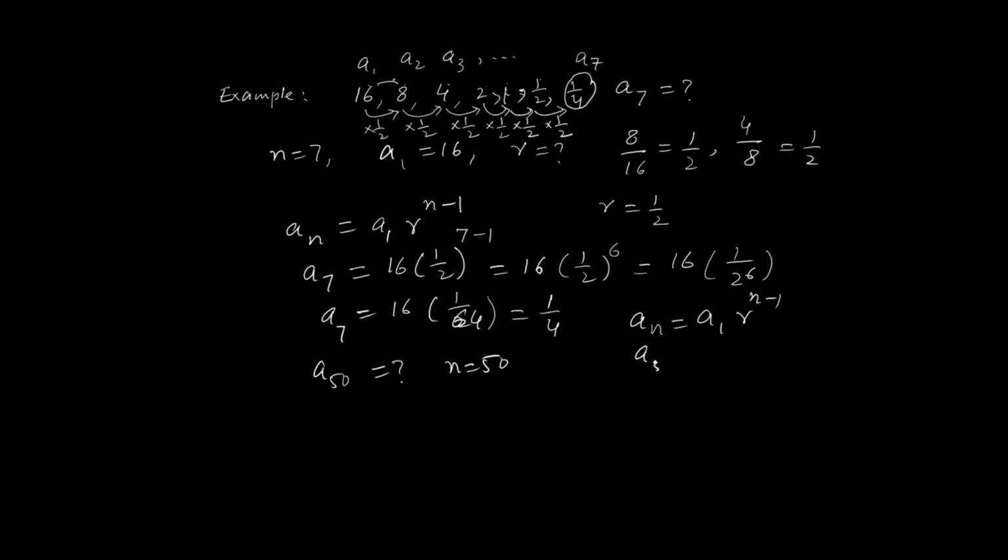So a50: n is 50, the first term is 16, r is 1 by 2 and n minus 1 is 50 minus 1, which is 49. So we can easily calculate the 50th term.